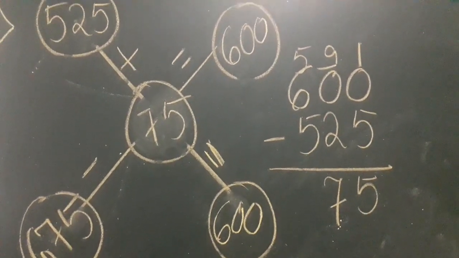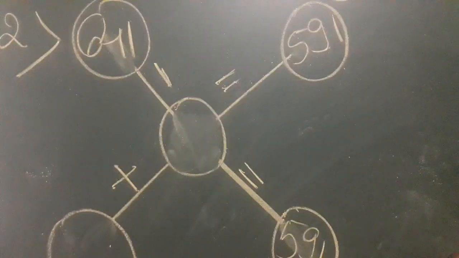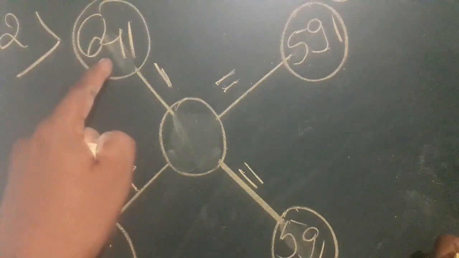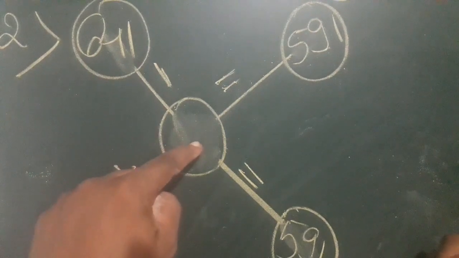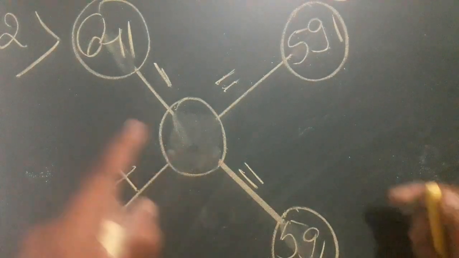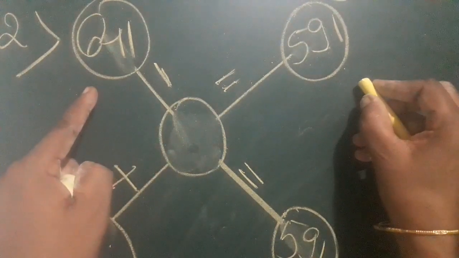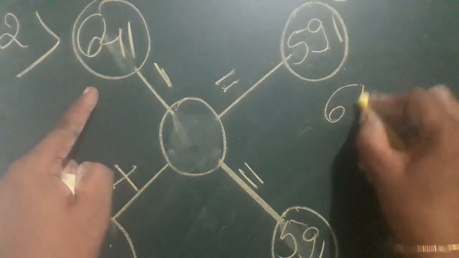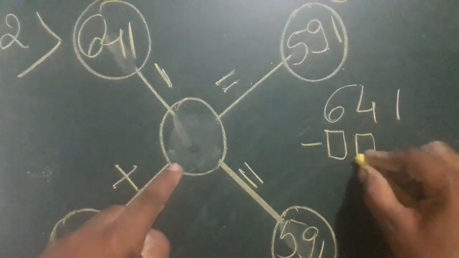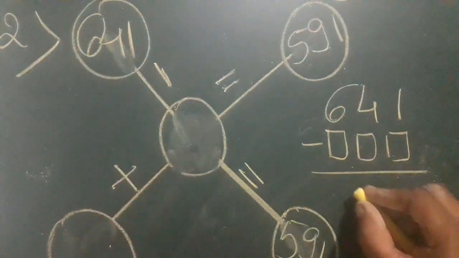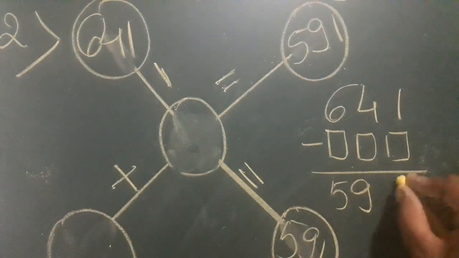I am giving a few more. See this question, how you may think is, as we have just discussed, something minus, that is 641 minus something is equal to 591. So here you may think of the question as 641 minus box, that should be 591.